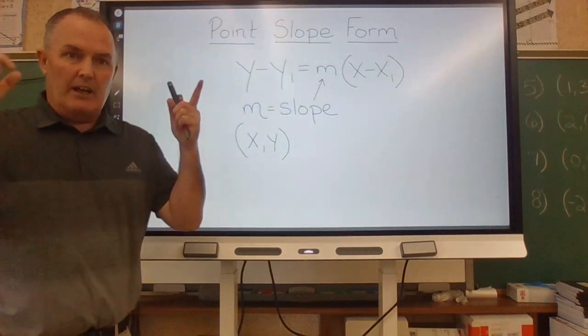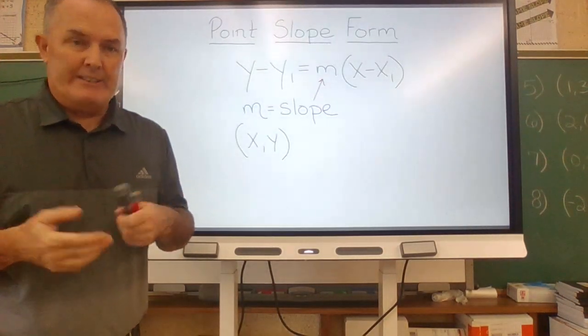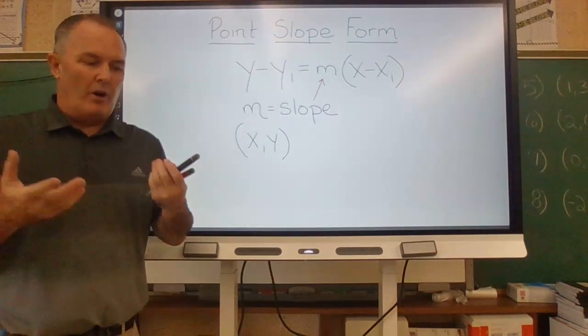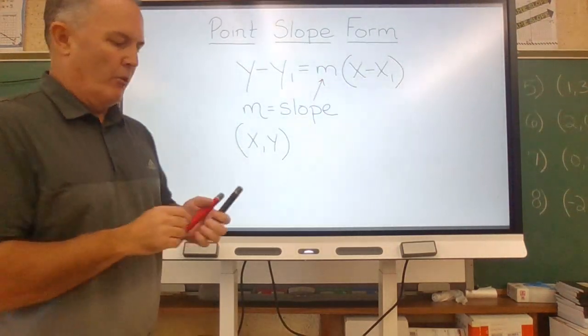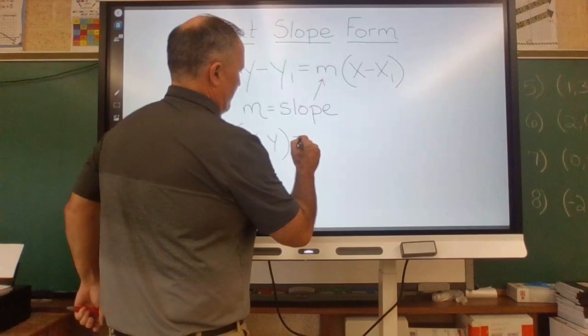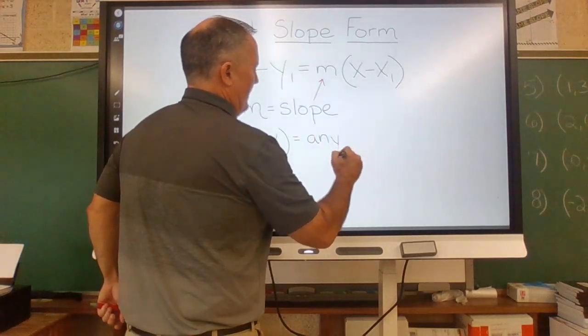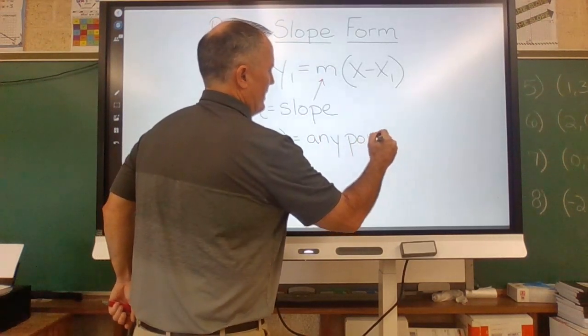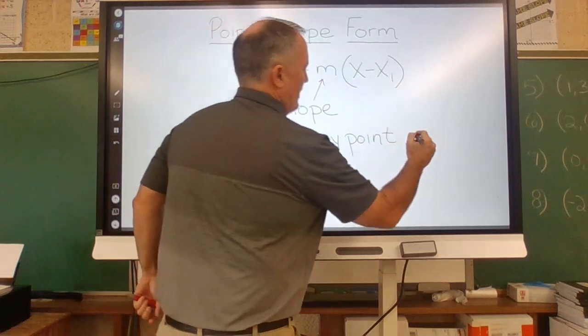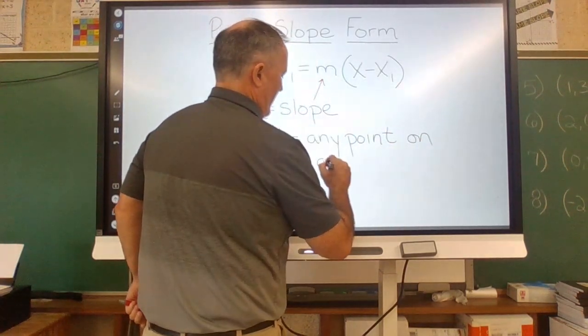Every single spot on a line on a graph has several points. It has an input and an output, or an x value and a y value. You can use any point you want. So this will be any point on a graph.